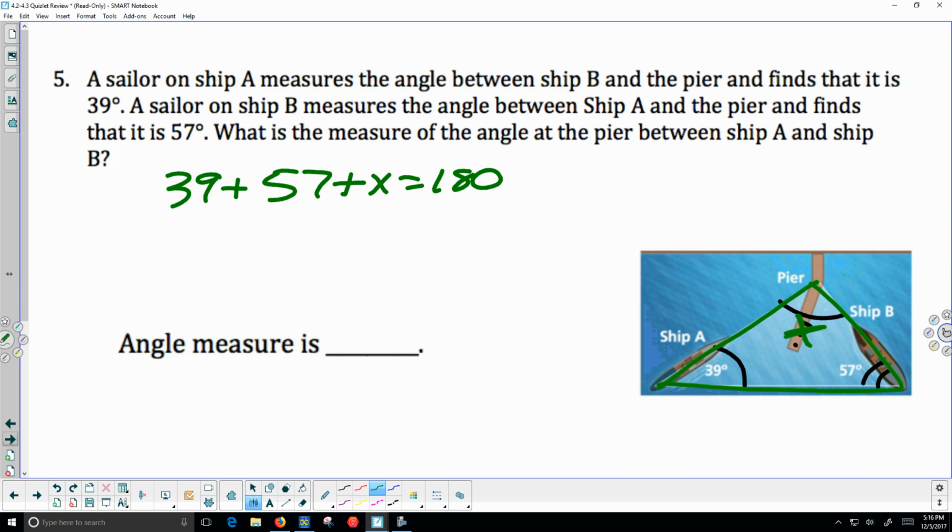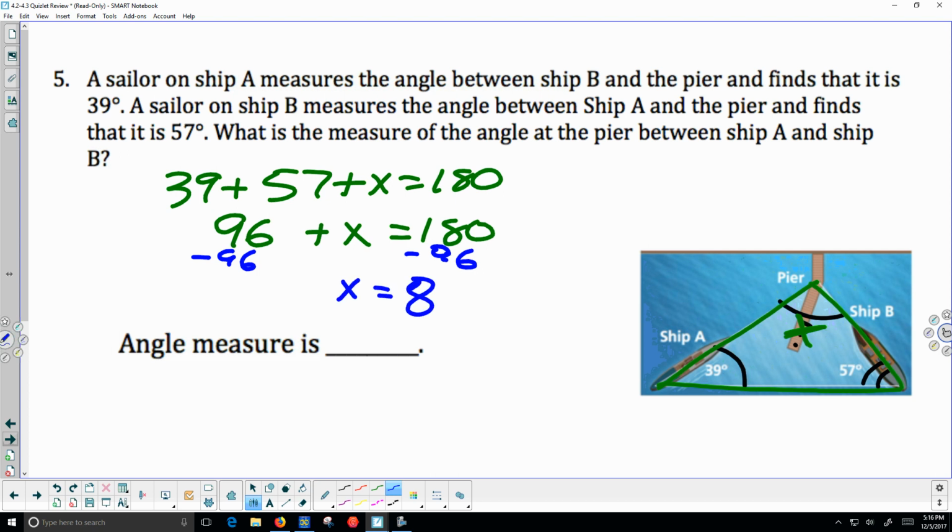This is going to become 96 plus x equals 180. I'm going to subtract 96, and I'm going to end up with x equals 84. So the angle measure that I'm looking for is 84 degrees. And that's the answer to that question. That was a quick one.